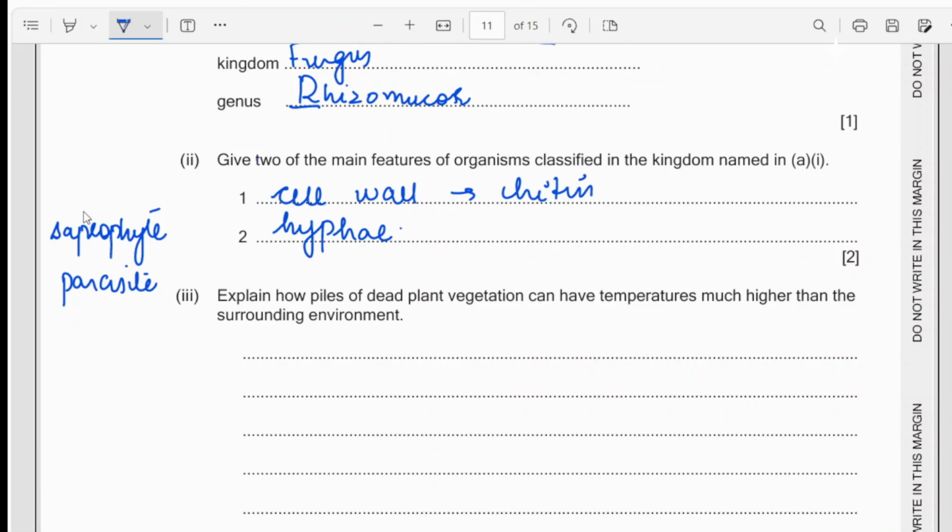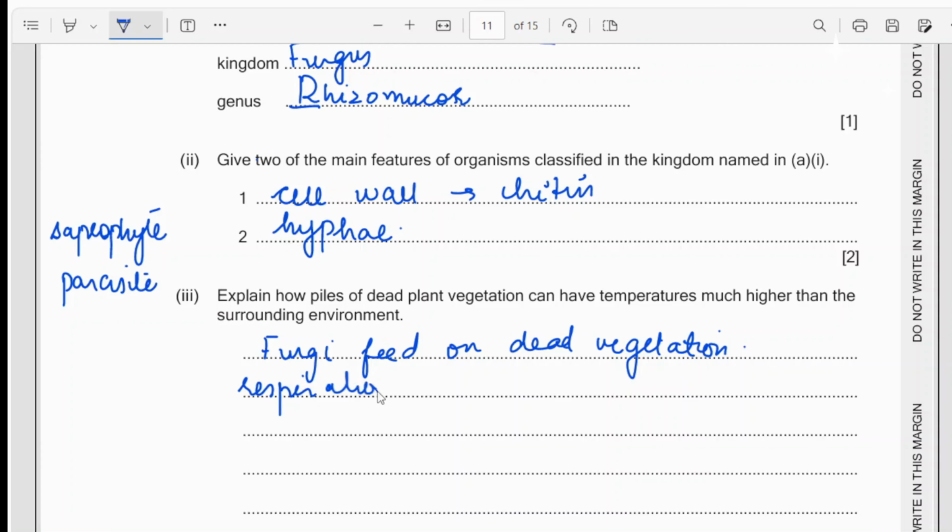It's a 4 mark question. Energy released as heat, so the temperature increases.